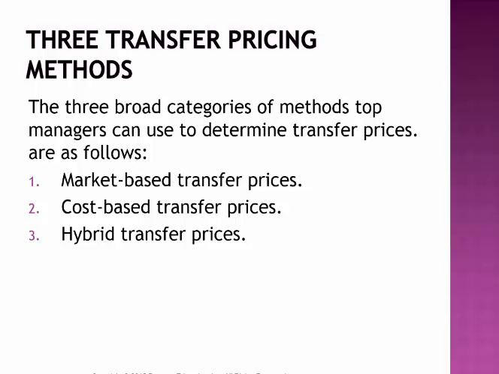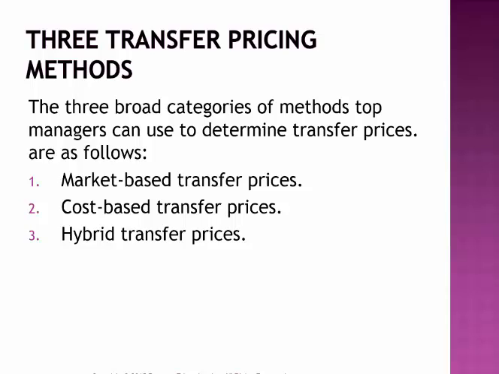Are we going to use full life cycle cost? What percentage amount are we going to mark it up? We're going to consider those same types of things when we're coming up with cost-based transfer prices for our fellow subunits. And then lastly, this hybrid transfer price. These take into account both cost and market information.